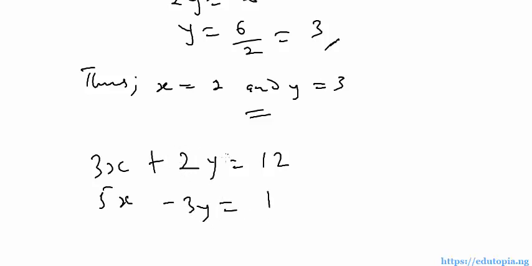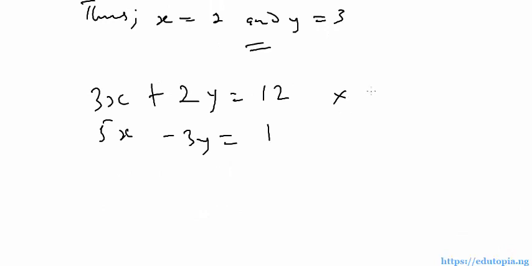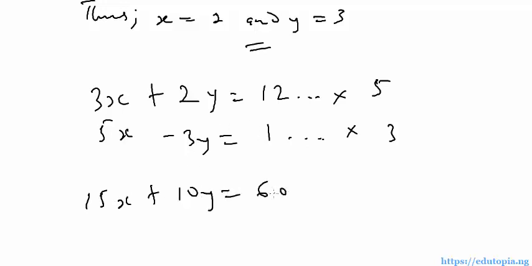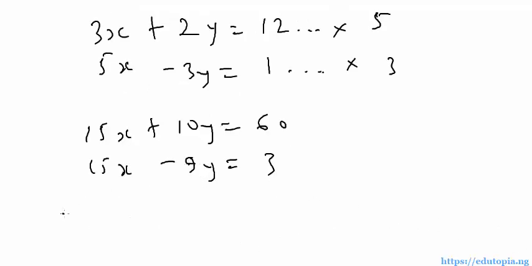So what we did was just to multiply this by 3 and this by 2, trying to eliminate this. Now let's look at this one rather: multiply this by 5, and this one by 3. So 5 by 3 will give you 15x plus 10y, and this will give you 60. 3 multiplied by this will give you 15x, and 3 by this will give you minus 9y is equal to 3. Then you perform either addition or subtraction.